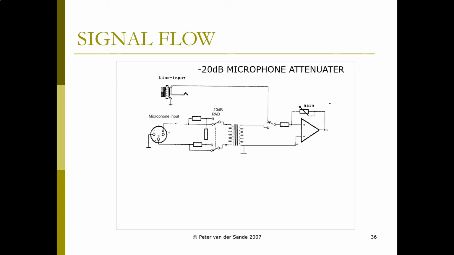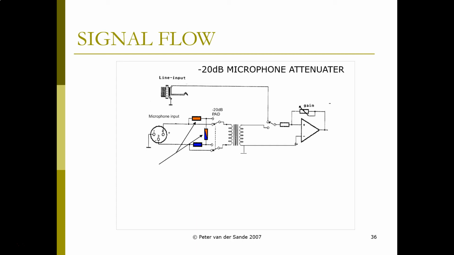The next thing we're going to look at is we're going to add some more components, some more resistors that are going to create that 20 decibel pad. And if you notice, the top resistor is hooked up to pin 2, the plus pin. The bottom resistor is hooked up to pin 3, the minus pin of the XLR. And then there's a resistor that mixes the two of those together.